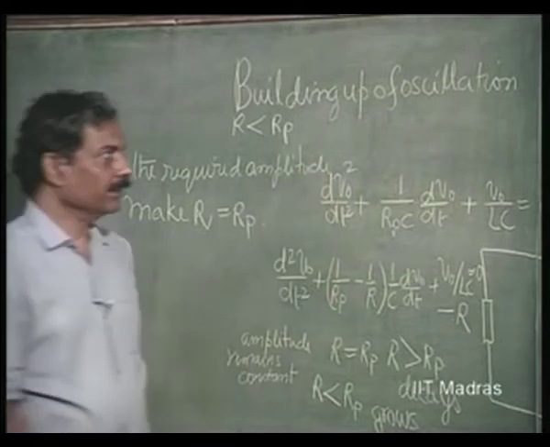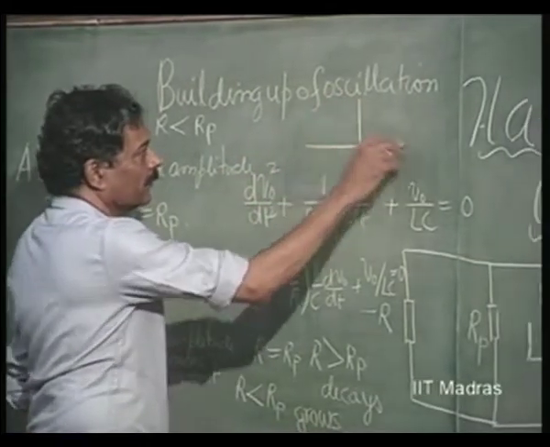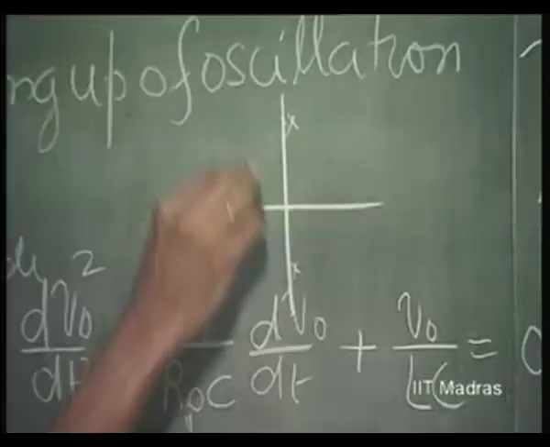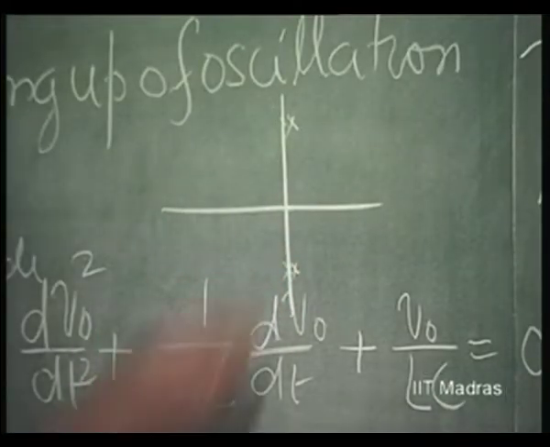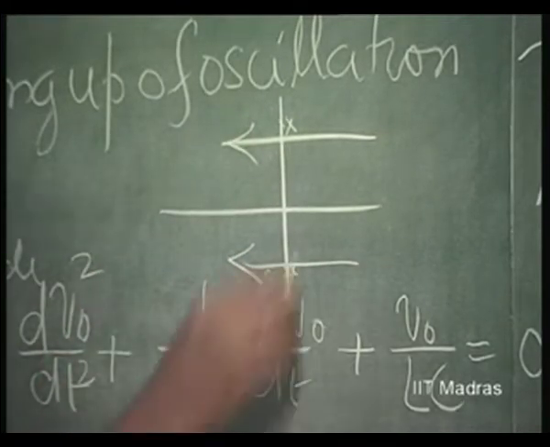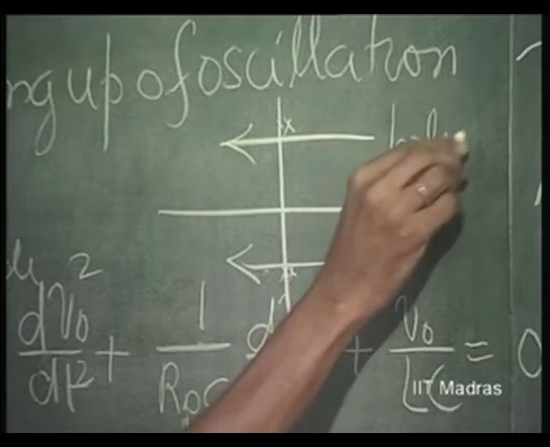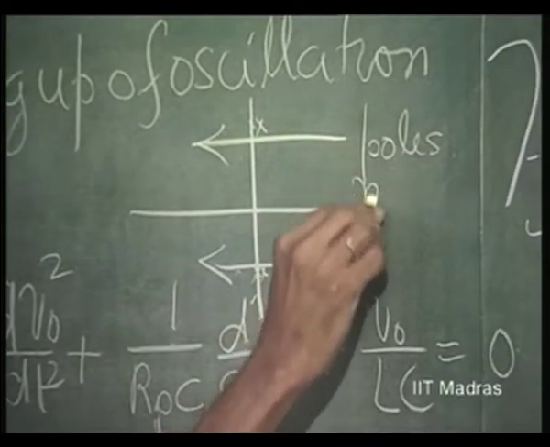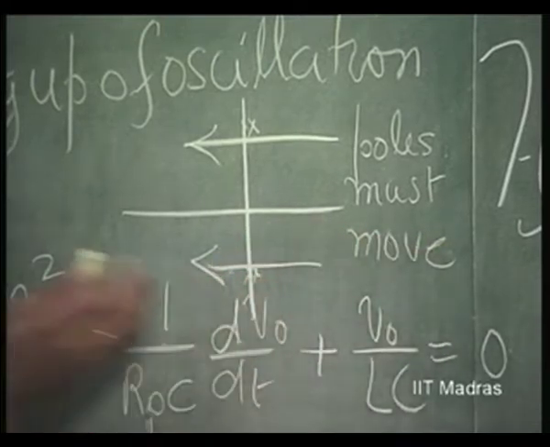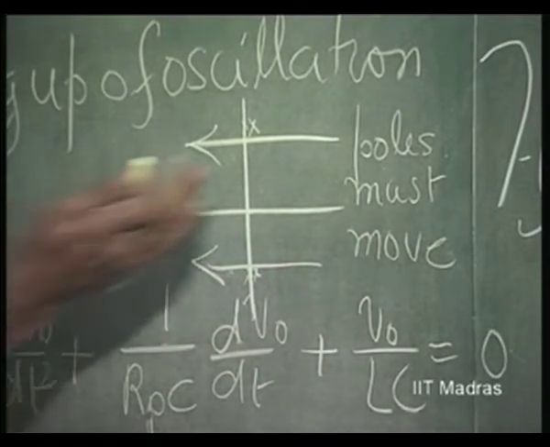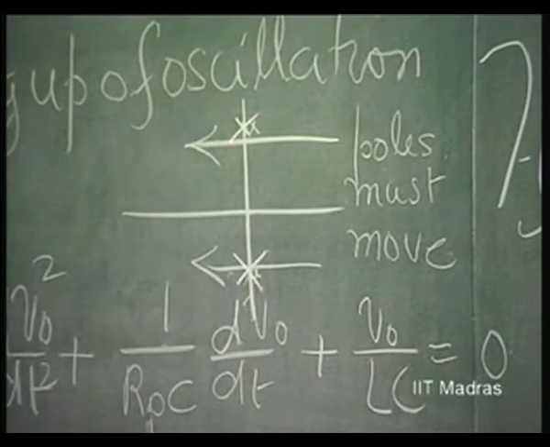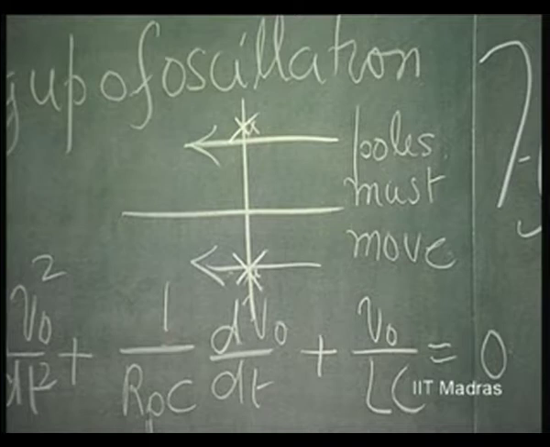Then gradually, if this is the S plane, somewhere here let us say, it will come and lie exactly on the imaginary axis. This is how poles of the system have to move: as amplitude builds up, the poles must move this side and lie exactly on the imaginary axis at the required amplitude of oscillation.